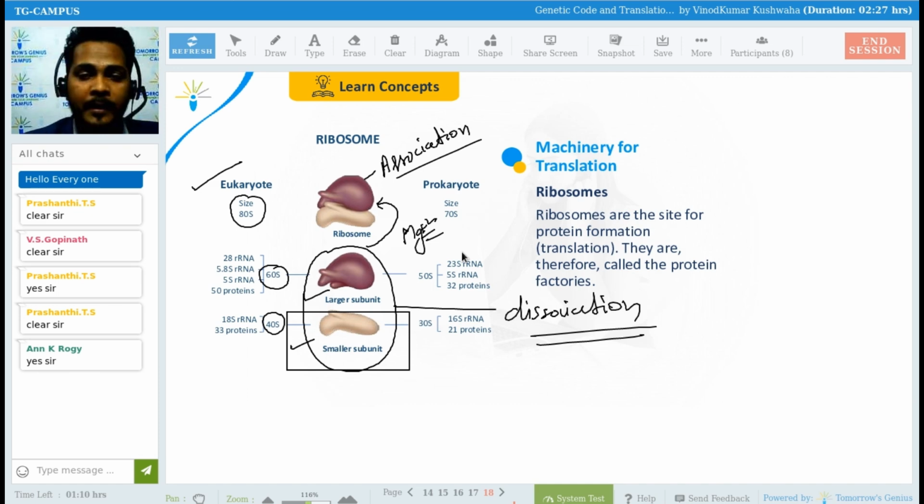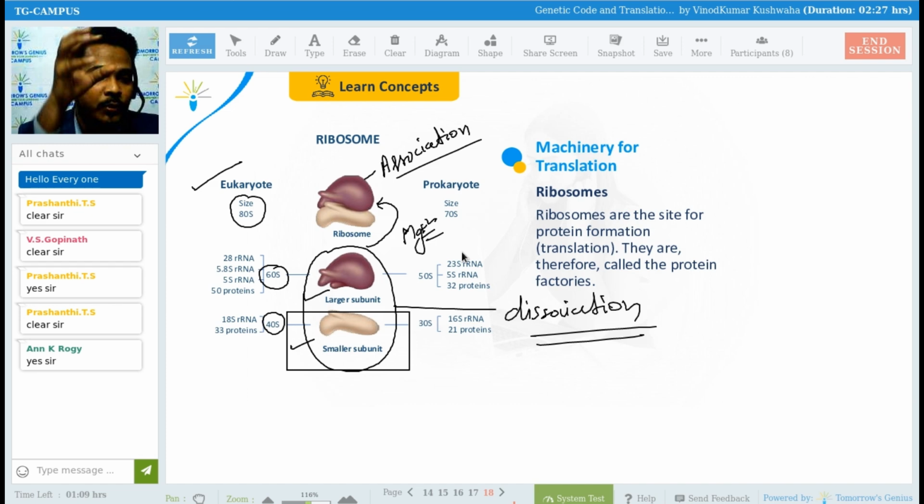Now again, the question in your mind is that if there is a 40S and 60S, it should be 100S, right? Then why is it 80S? Yes or no? Okay, let me tell you, it is based on the sedimentation rate. Because of the sedimentation, the settlement of molecules, like two different subunits, when they combine they have an adjusted settlement.